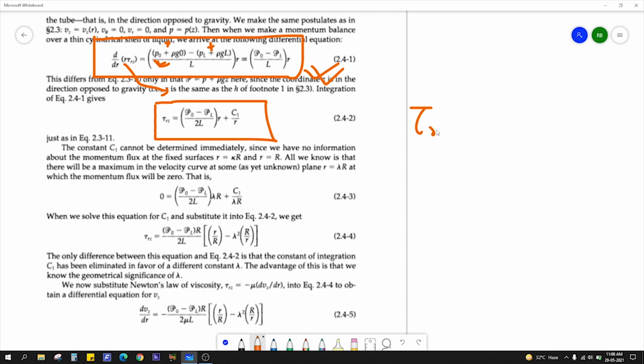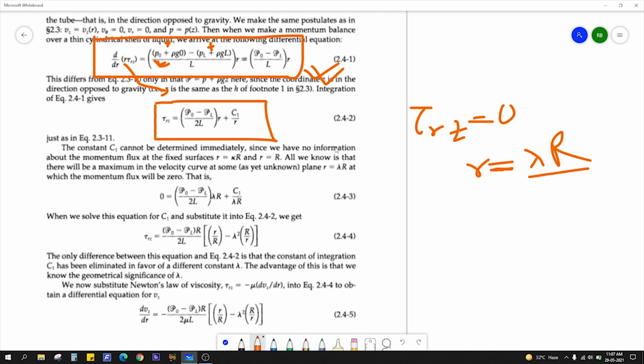I told you tau rz is 0 somewhere inside the annulus region. I don't know where, but I know it is not exactly at the center, so I will not use 0.5. I will use some lambda, which I can calculate later.